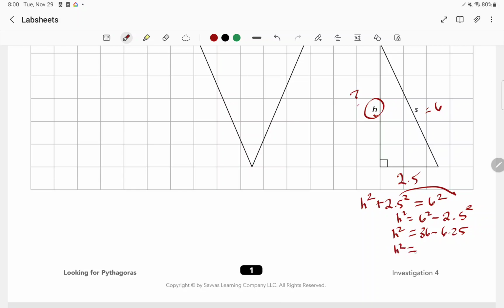And so h squared is equal to 29.75. But we want to know the length of h, so we have to take the square root of 29.75, which gives us about 5.45. And if you put that in your calculator, you will get an irrational number.